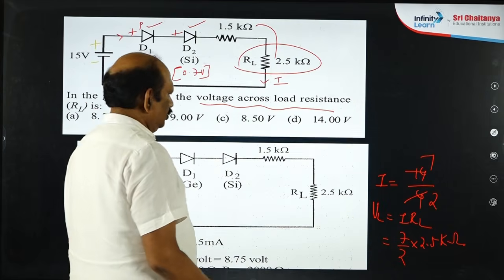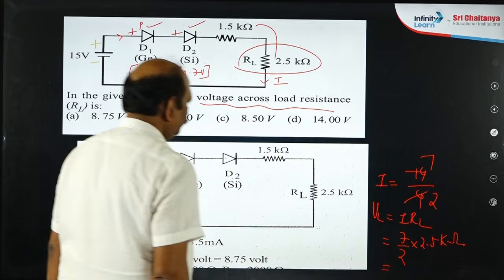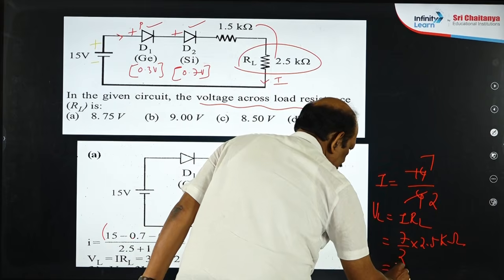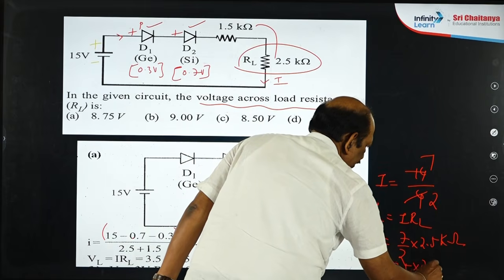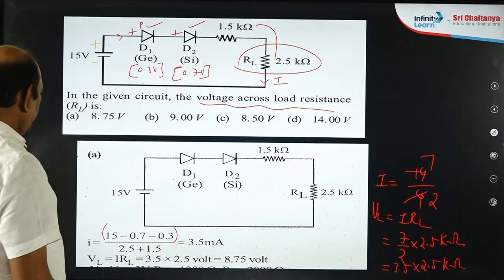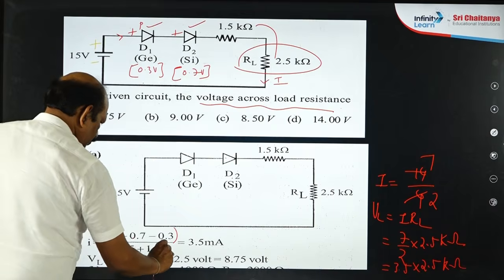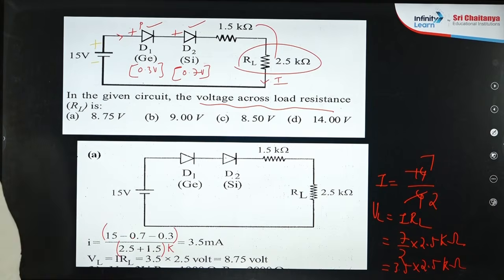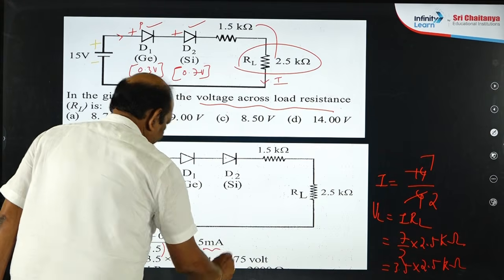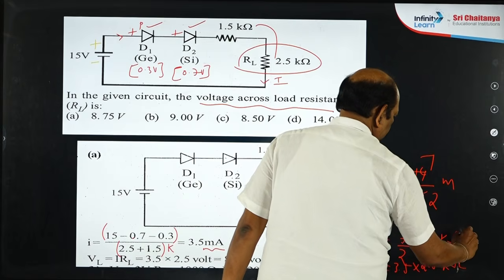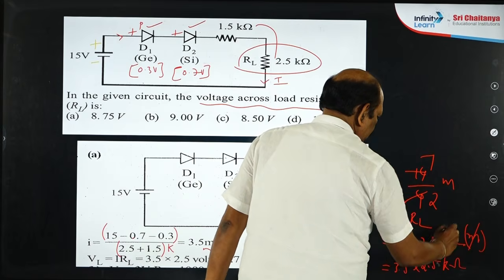So this is equal to 3.5 multiplied by 2.5, and here this is 2.5 plus 1.5 kilo. So kilo becomes milli, so here also milliampere. So milli and kilo cancel.